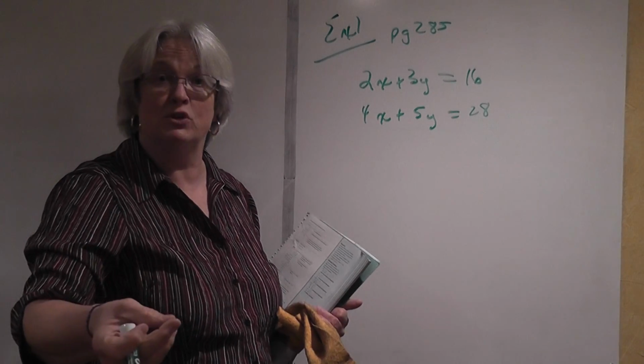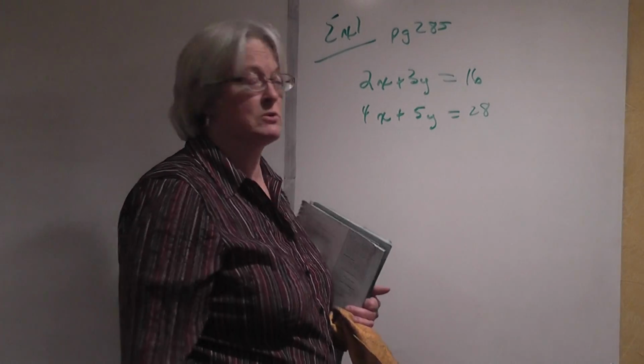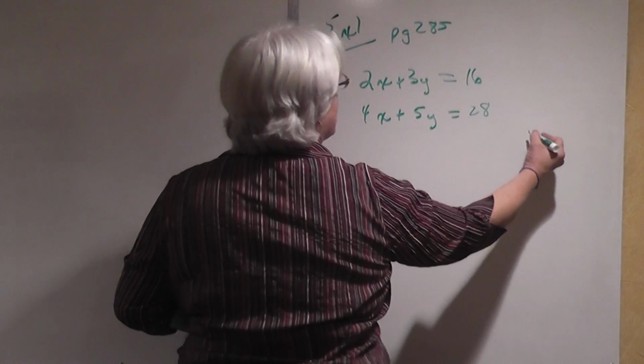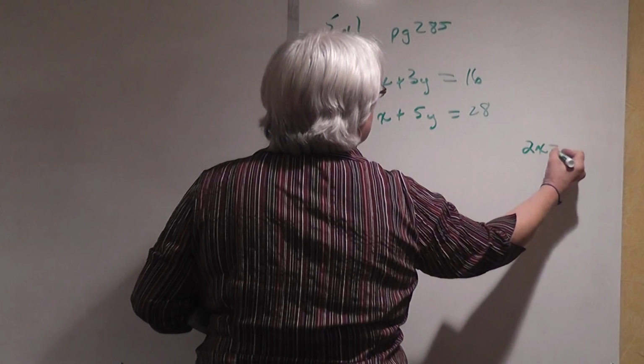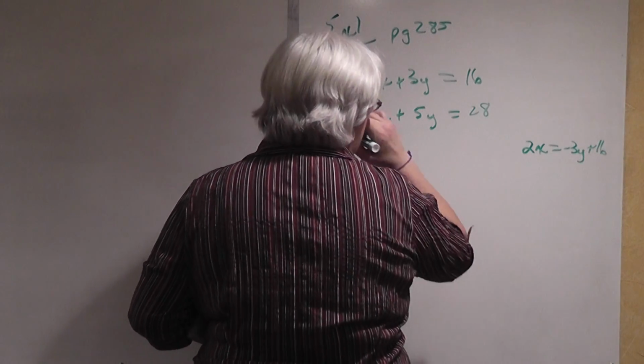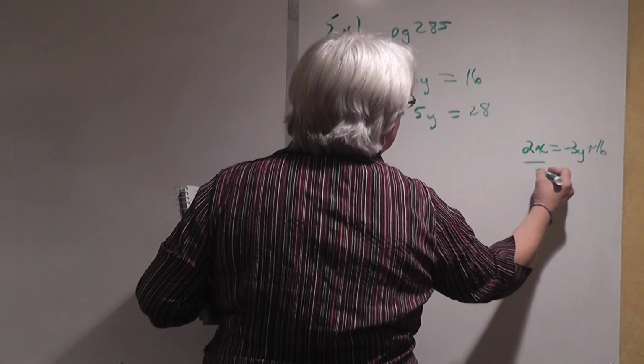In the next section you'll see a trick that makes it a little bit nicer, but for now I'm just going to go ahead and solve for 2x in this first equation. I have 2x is equal to the opposite of 3y plus 16. Now I have to divide both sides of this equation by 2.